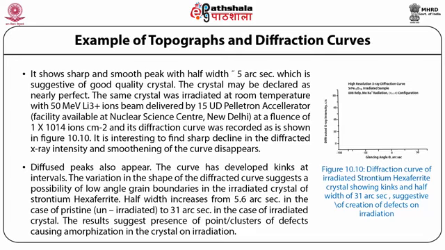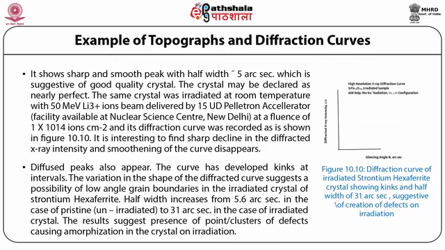The variation in the shape of the diffracted curve suggests a possibility of low-angle grain boundaries in the irradiated crystal of strontium hexaferrite. Half-width increases from 5.6 arc-second in the case of pristine, that is unirradiated, to 31 arc-second in the case of irradiated crystal.